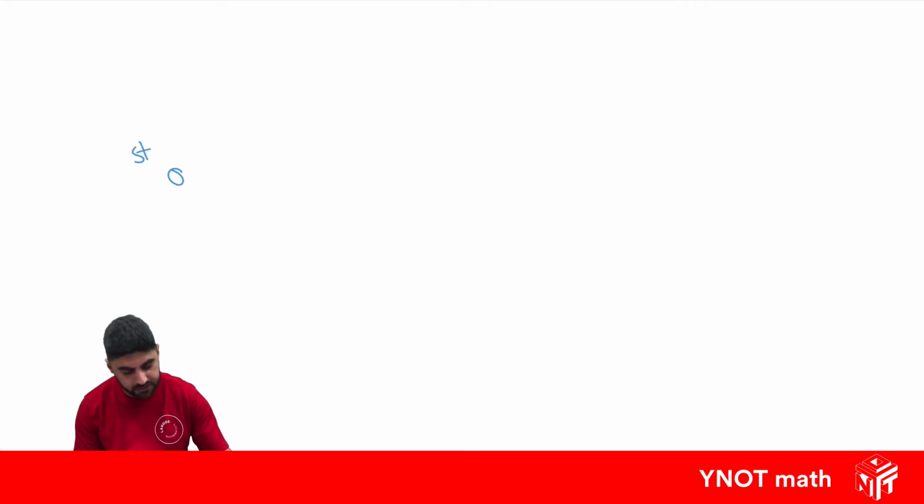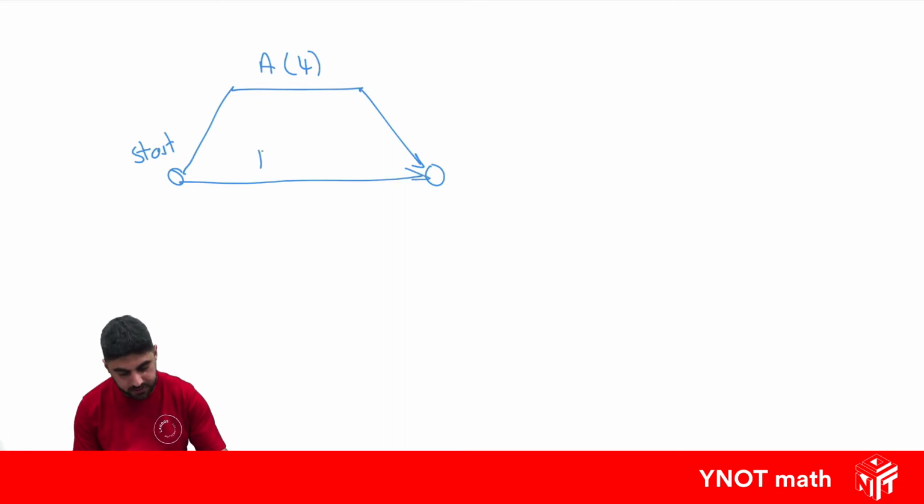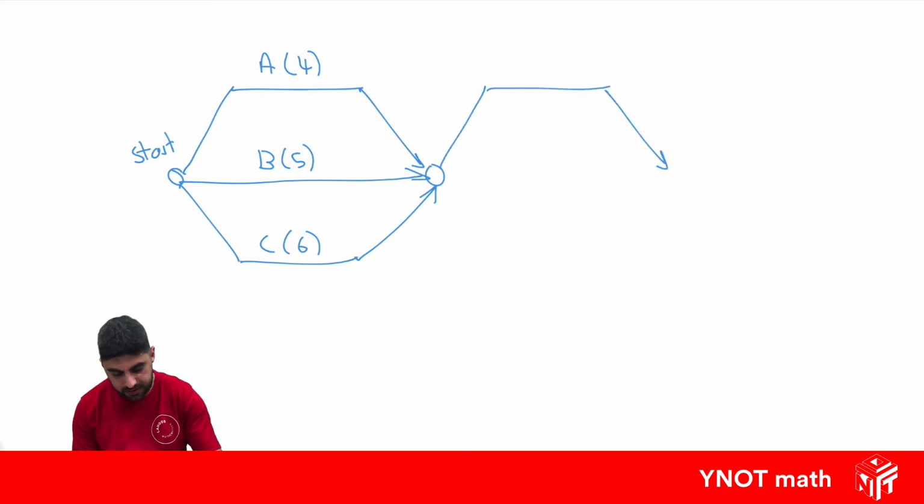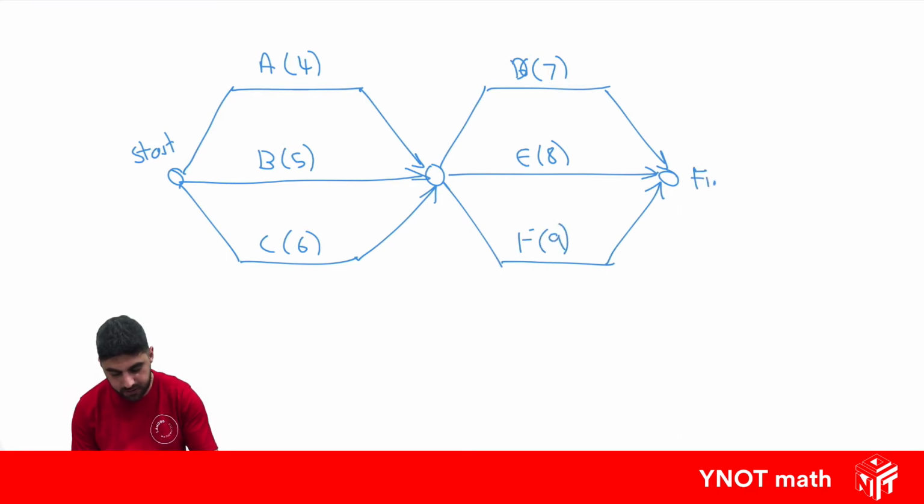So we had our start, we had activity A taking 4 minutes, activity B taking 5 minutes, activity C taking 6 minutes, activity D taking 7 minutes, activity E taking 8 minutes, and activity F taking 9 minutes to get to our finish.